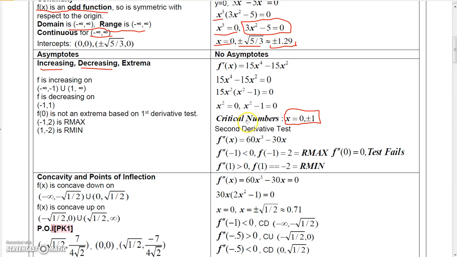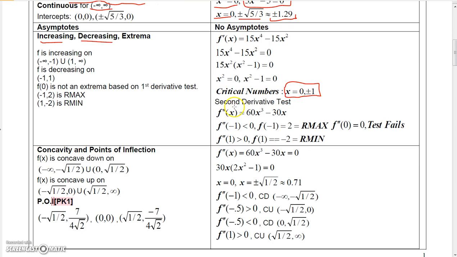Now, if I do the second derivative test on those numbers, I'll find that the second derivative at negative 1 is a negative number, so I get a max at f of negative 1, which is 2. And if I evaluate the second derivative at positive 1, it's a positive number, so I'm going to get a min at f of 1, and that's going to be negative 2.